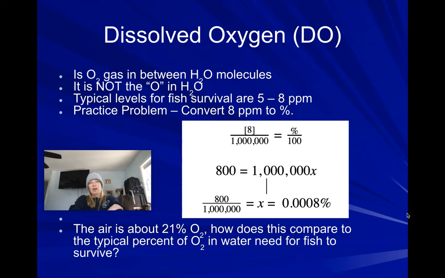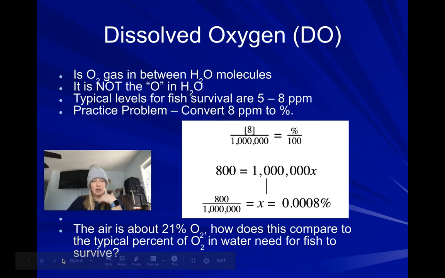Or why if there is organic food or organics sitting around, we don't run out of oxygen? The reason is because of the difference in the oxygen levels. The air is 21% oxygen, and in water, a good amount of dissolved oxygen is 0.0008%. So it's crazy the difference in those amounts.